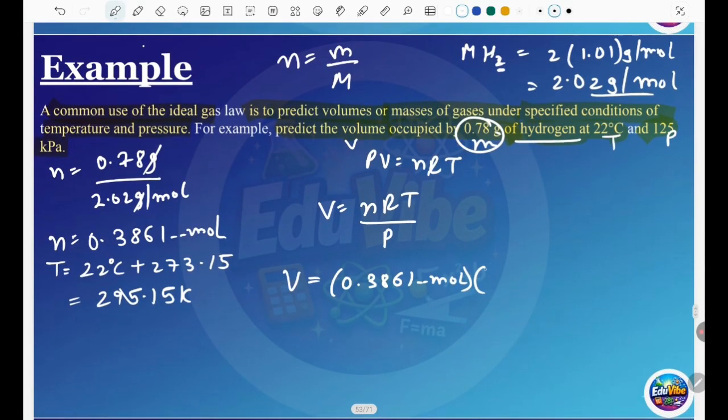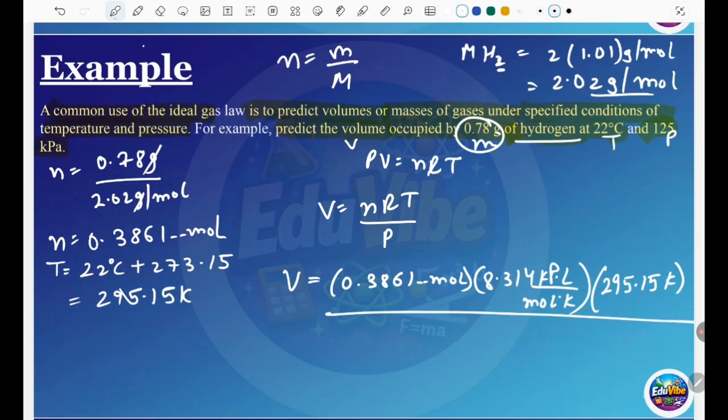So R is 8.314 kPa liter per mole Kelvin. Your temperature is 295.15 Kelvin. This whole thing is divided by P, the pressure, 125 kPa.